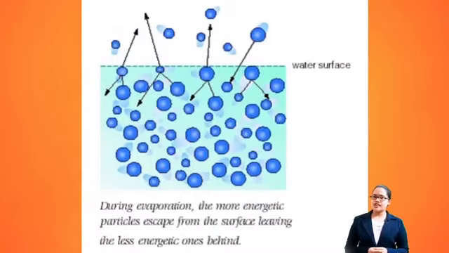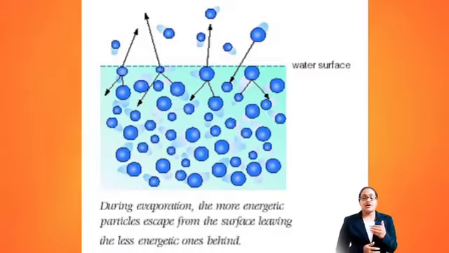The process of change of liquid into vapor even below its boiling point is called evaporation. Some particles in the liquids always have more kinetic energy than some other particles in them.